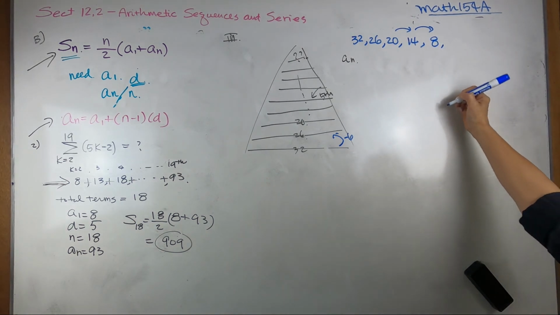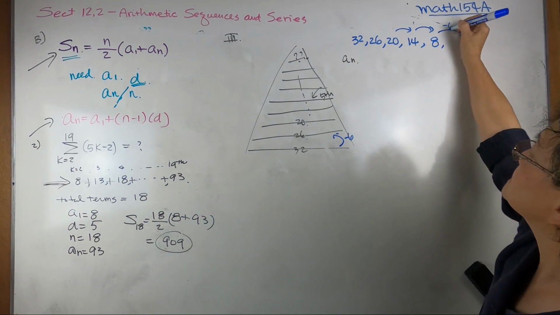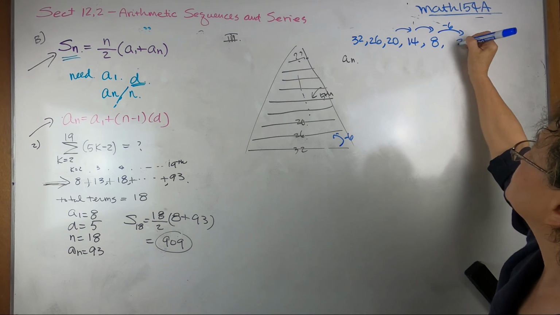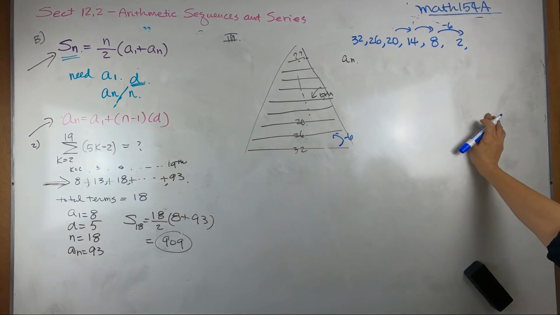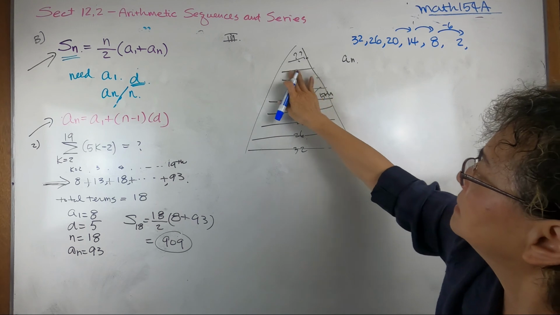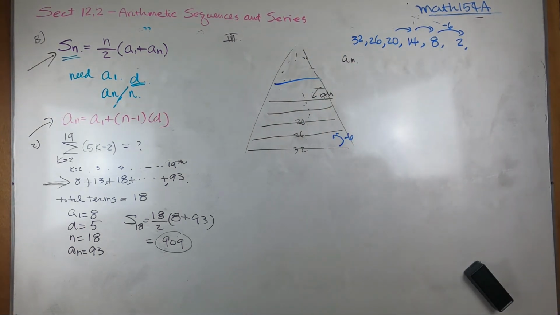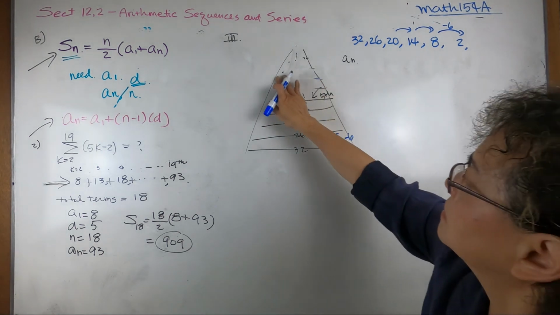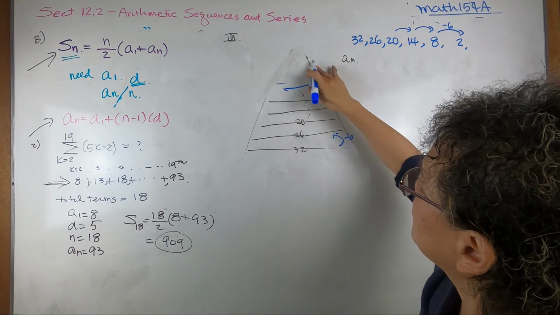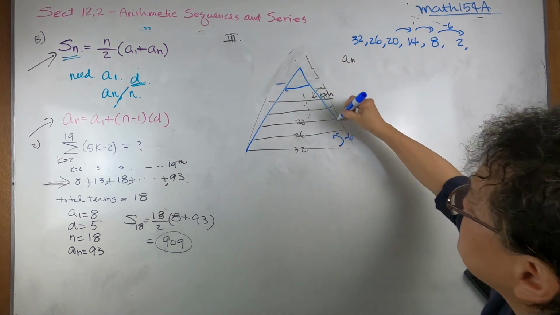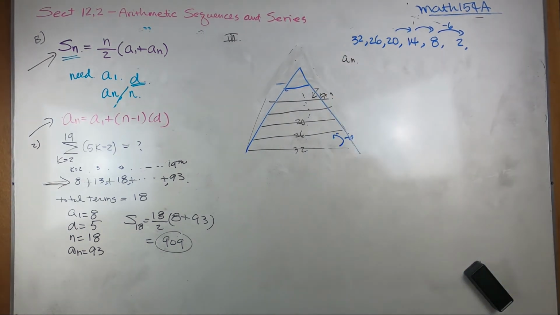Is that right? Next one, minus 6 will be 2. Then you cannot do it anymore. So you can only have 1, 2, 3, 4, 5, 6 rows total, right? So your triangle actually is much smaller like that.